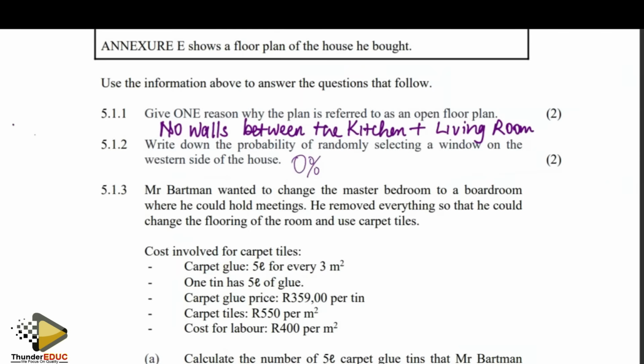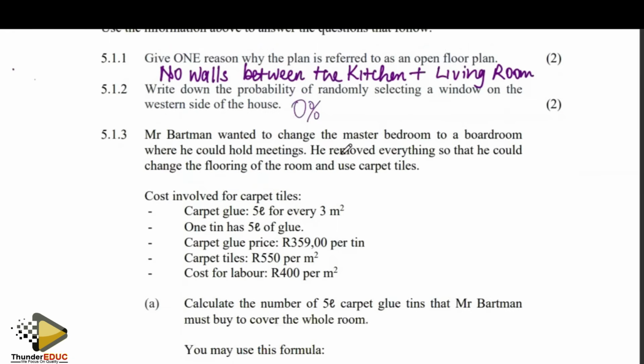Mr. Batman wanted to change the master bedroom to a boardroom where he could hold meetings. He removed everything so that he could change the flooring of the room and use carpet tiles. All right, these are the costs.